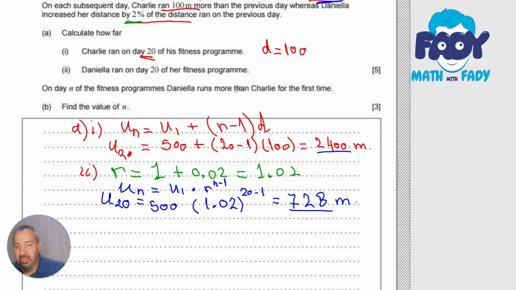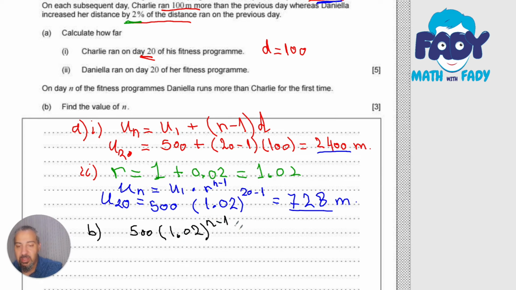Let's translate this sentence first. We are saying that Daniela runs more than Charlie. What is the formula for Daniela? How many meters does Daniela run on any day? We said it follows this geometric sequence, 500 multiplied by 1.02 to the power n minus 1. And we need to find the value of n.